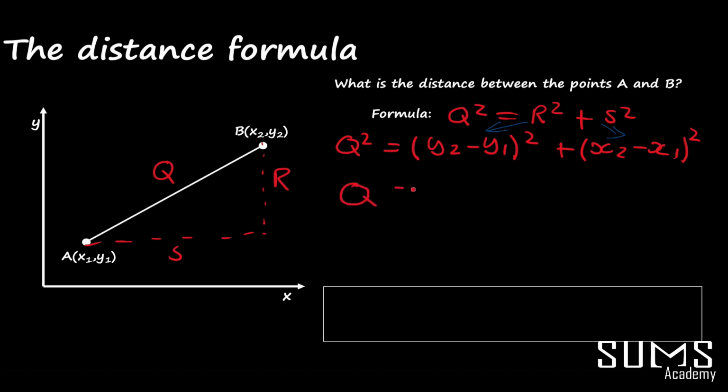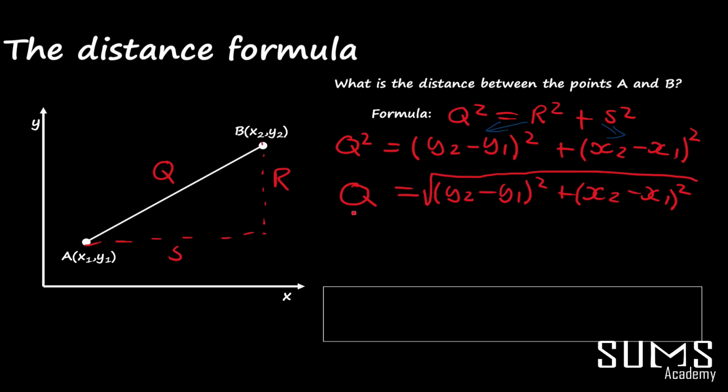Again, this Q equals y2 minus y1 squared plus x2 minus x1 all squared, and this is all square rooted.